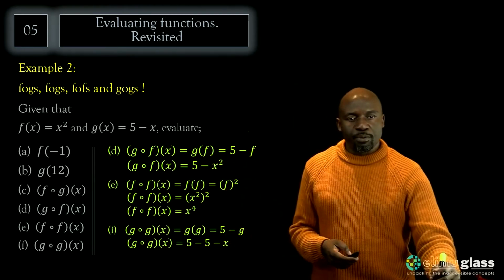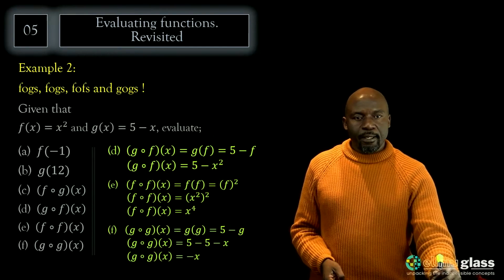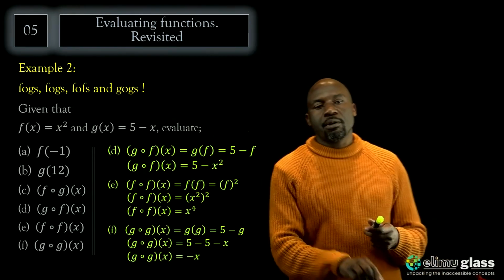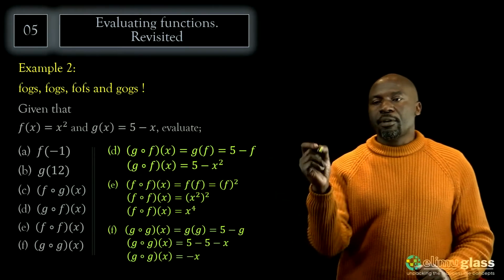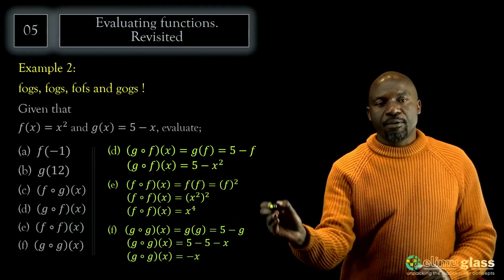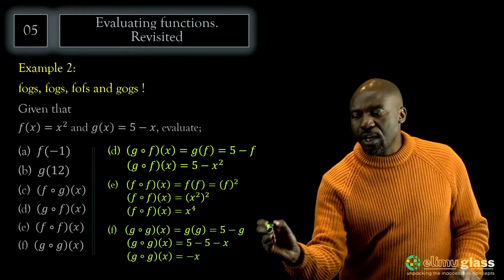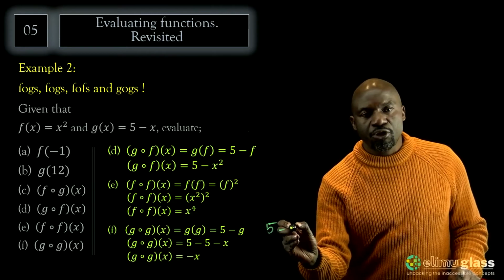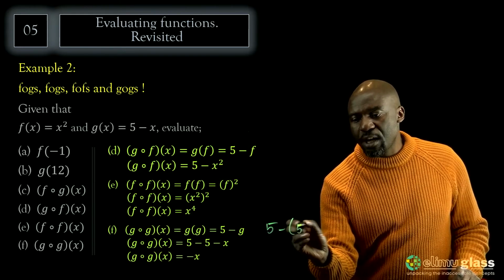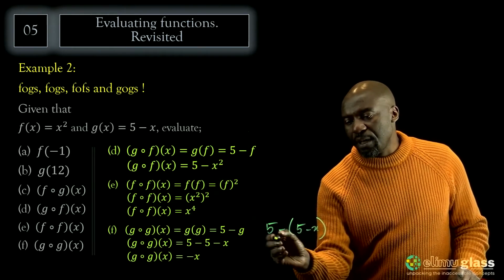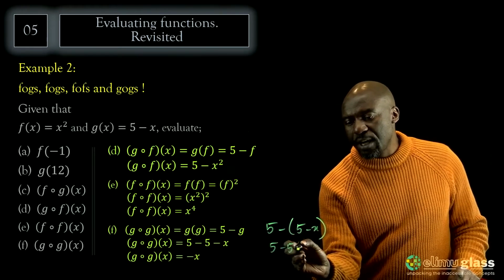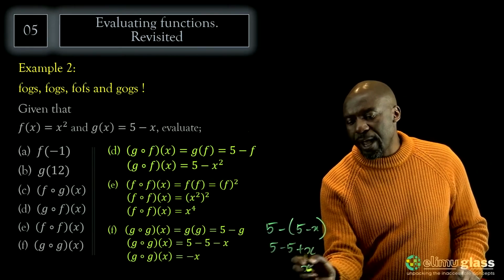So it's supposed to be positive x, I think. We have 5 minus g of x, but g of x is 5 minus x, and therefore this is 5 minus 5 plus x, which is x, okay?